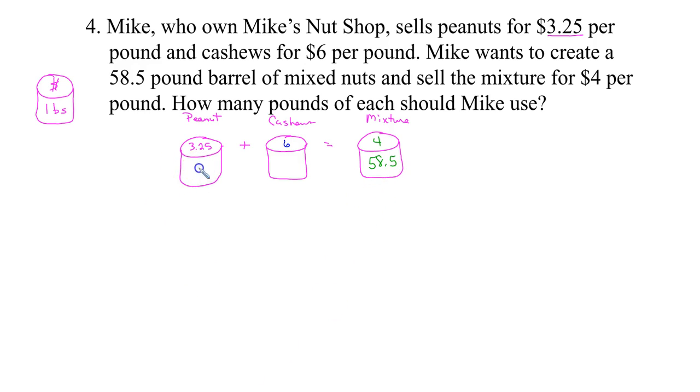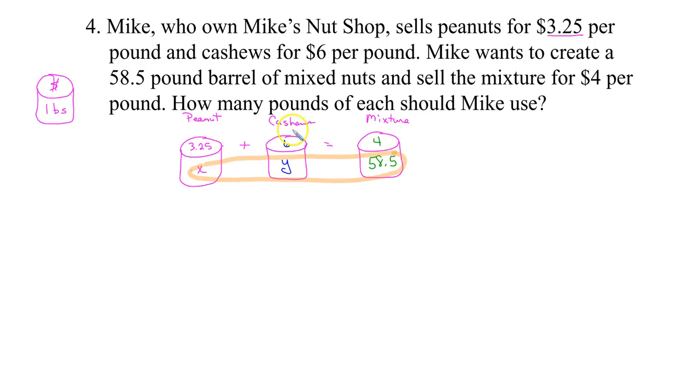This means I need an x and I need a y. X is going to go with peanuts, y is going to go with cashews, and now we can write our equations. The first equation is going to come from the bottom of the containers, just straight across the bottom.